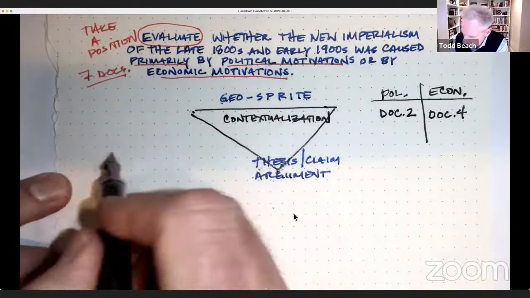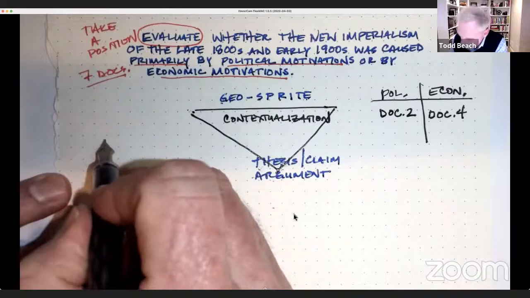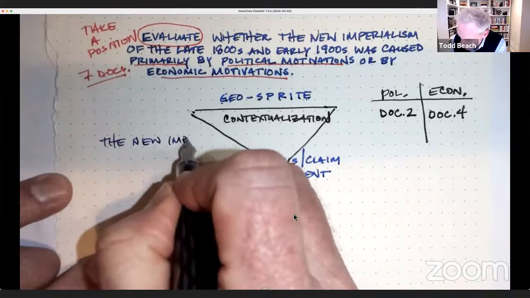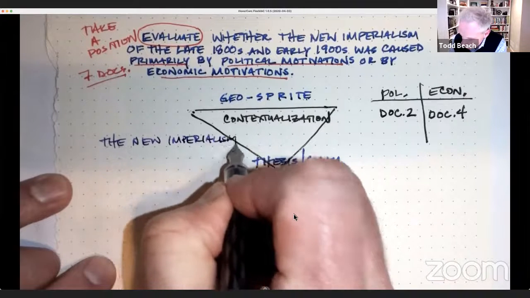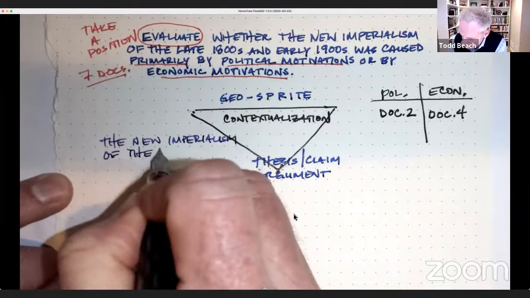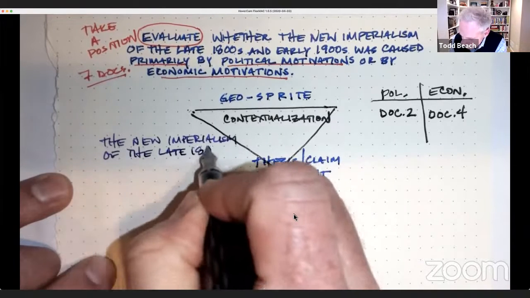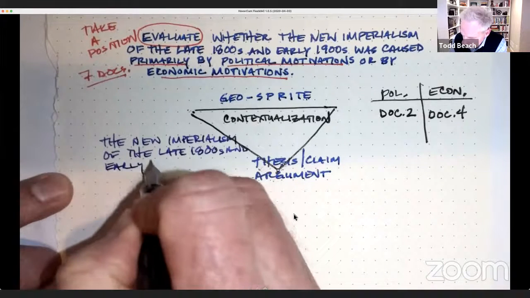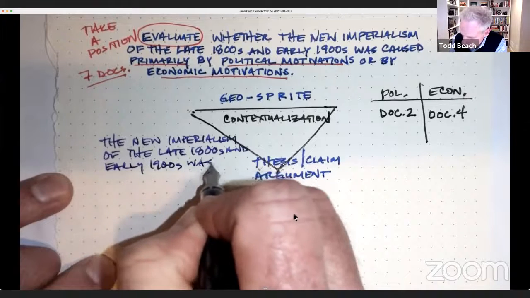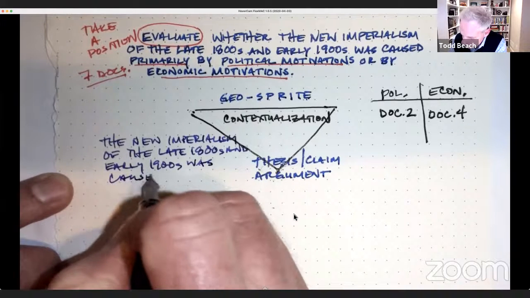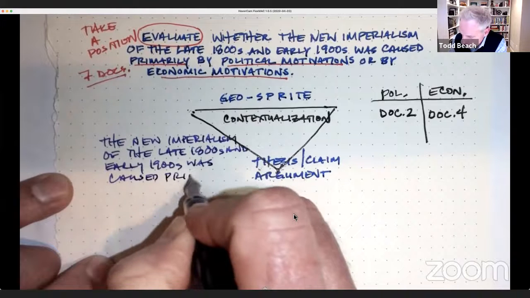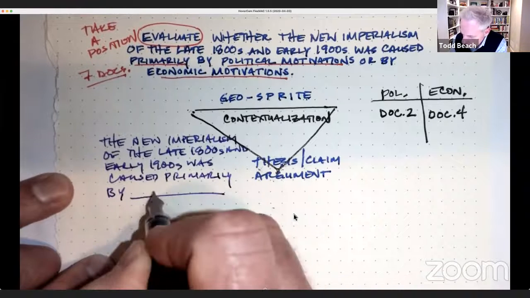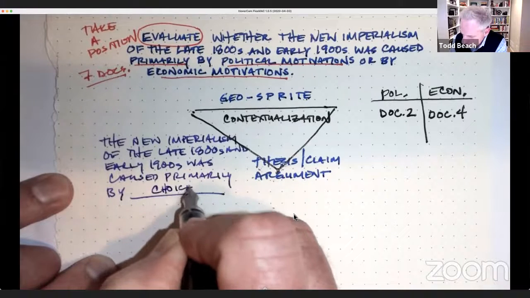And so the claim could be something such as, we're going to use this: the new imperialism of the late 1800s and early 1900s was caused primarily by, and this is where you make your choice, your argument.